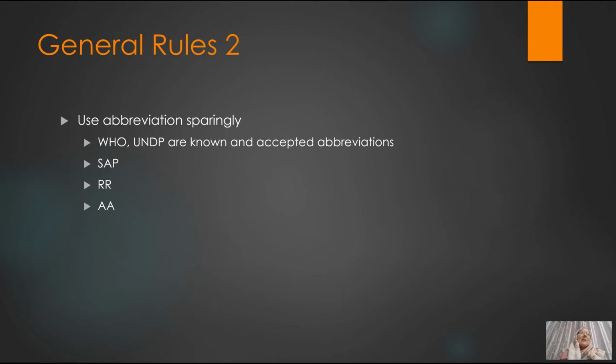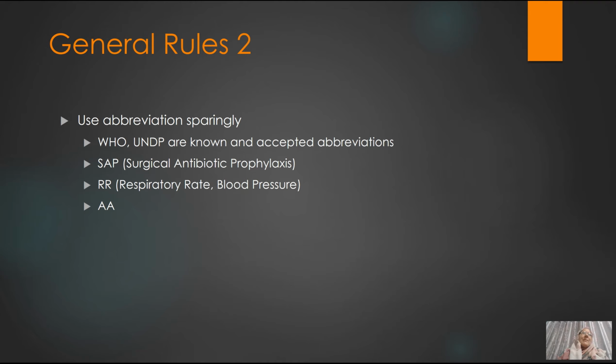So if you look at SAP, RR, AA, and you think in your head, what do these abbreviations stand for? SAP could stand for surgical antibiotic prophylaxis, but this is not something you would have thought of immediately. RR can stand for respiratory rate, but some people also abbreviate blood pressure for it.